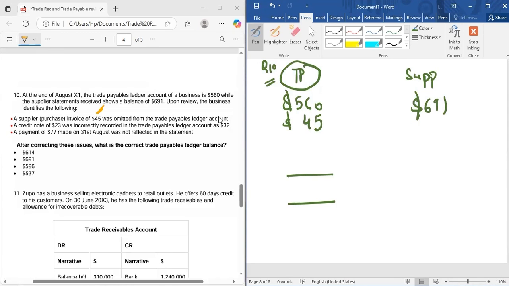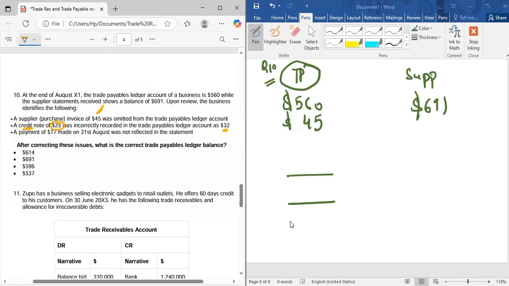Now again, a credit note of $23 was incorrectly recorded in the trade payables ledger as $32. Right. So we made some purchase return. Credit note means that we made some purchase return. But these purchase returns were worth $23, but were incorrectly recorded as $32.